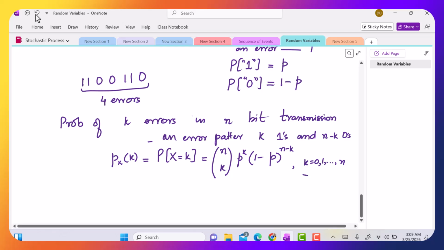Call it equation number 1. This is the PMF of our case.